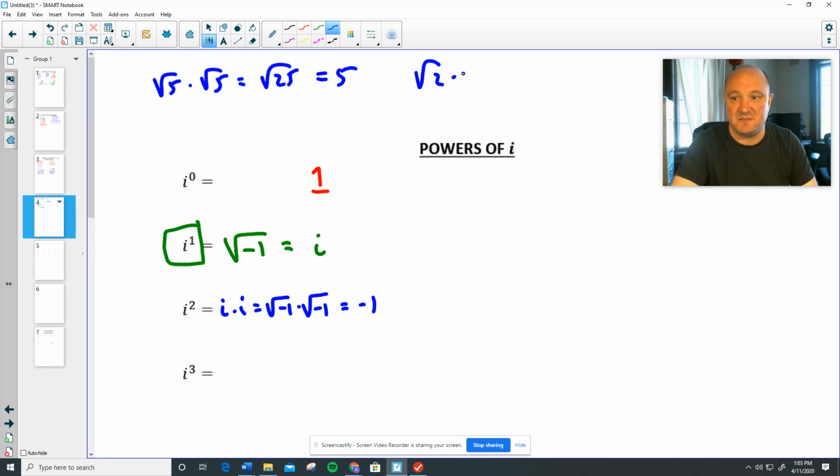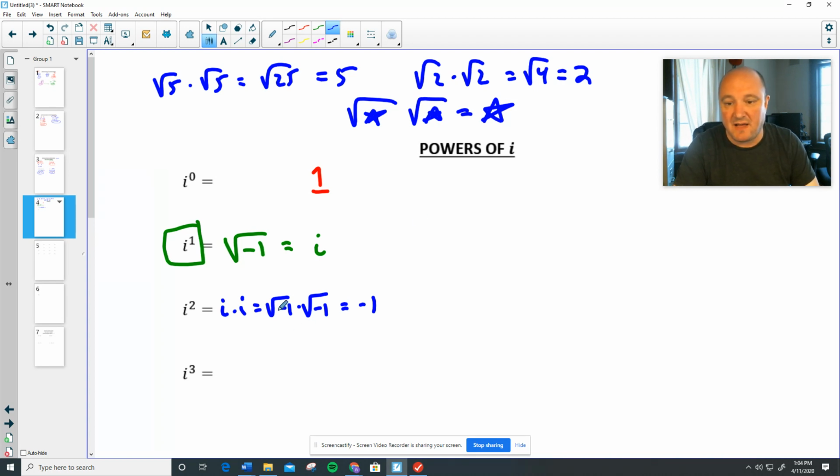The square root of 2 times the square root of 2 is the square root of 4, which equals 2. The square root of anything times the square root of anything equals the thing under the radical. So the square root of -1 times the square root of -1 equals -1.